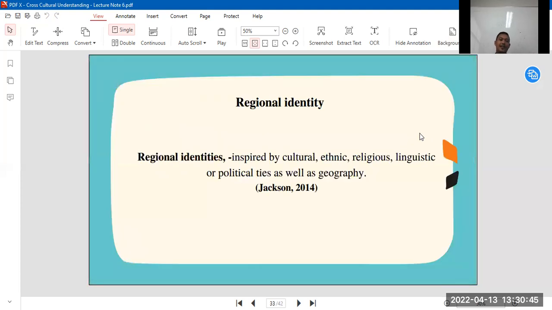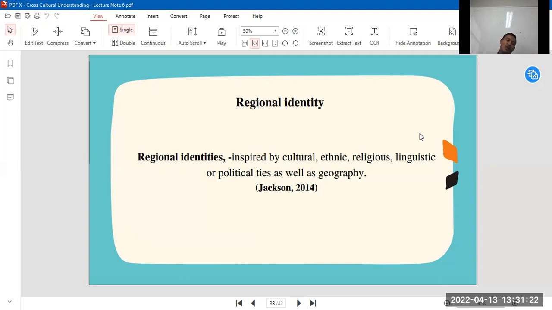And also we have the regional identity. Linked to national identity, regional identity is also a part of an individual's identity, which is rooted in the region of residence. Basically, it involves a sense of belonging similar to that of national identity, but on a smaller scale or level. It is inspired by cultural, ethnic, religious, linguistic, or political ties as well as geography.